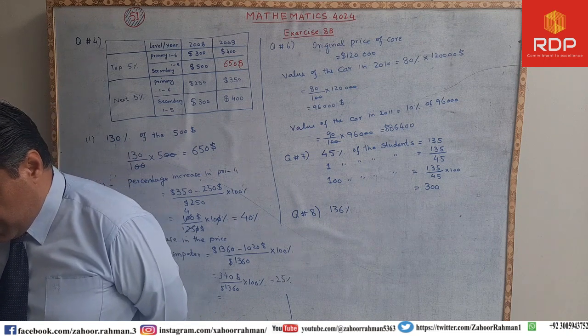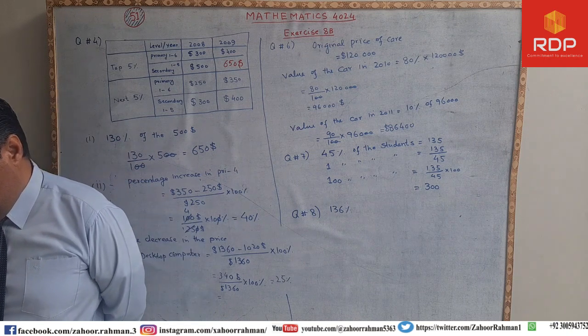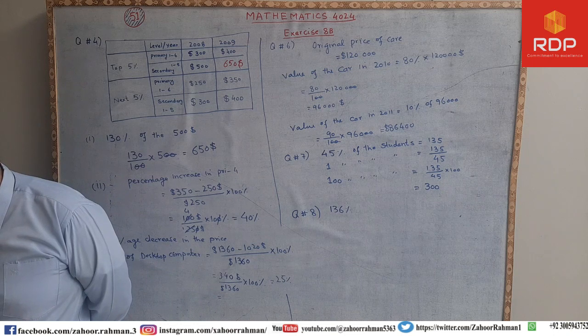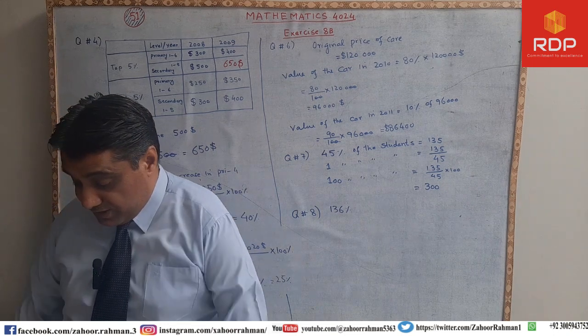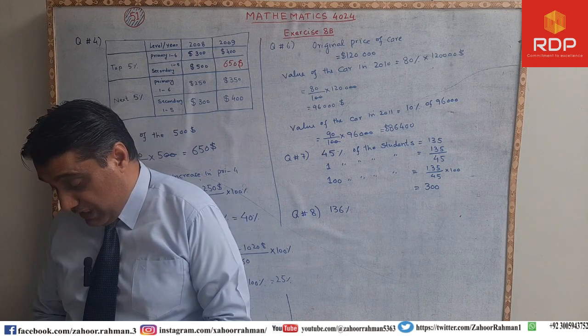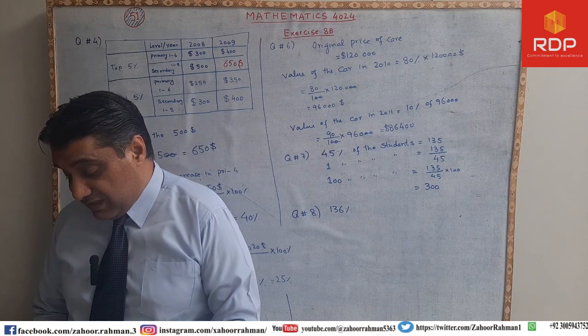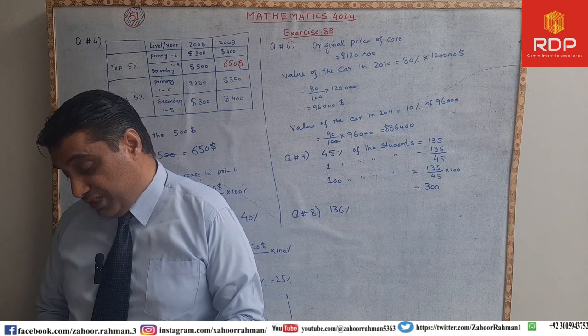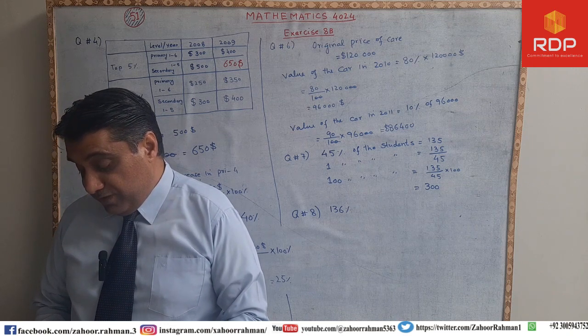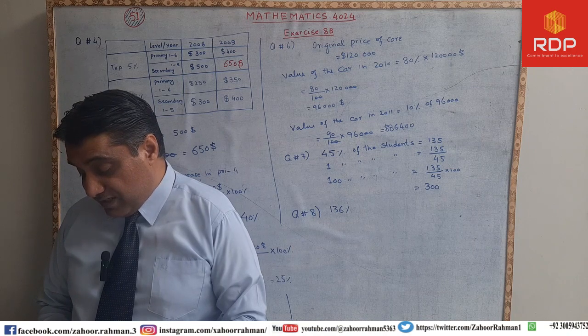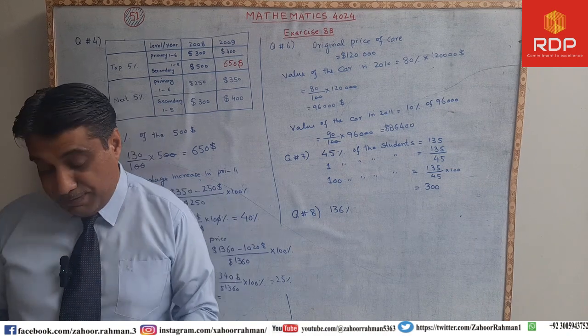A house costs 36% more today than when it was built. If the cost of the house today is $333,200, find its cost when it was built.